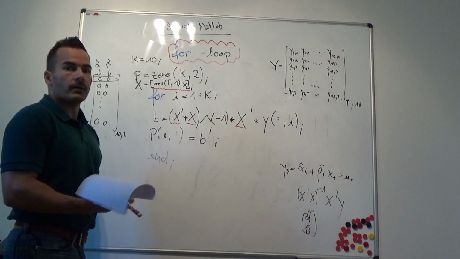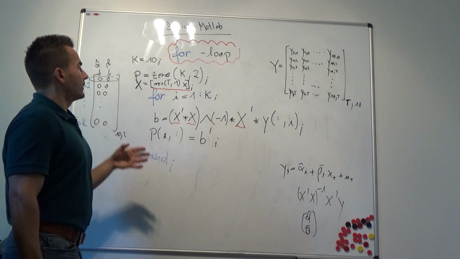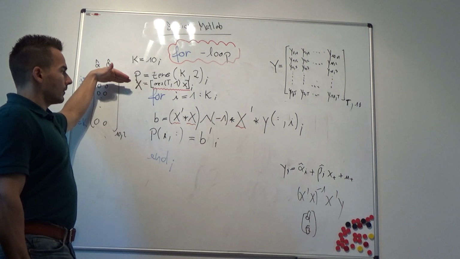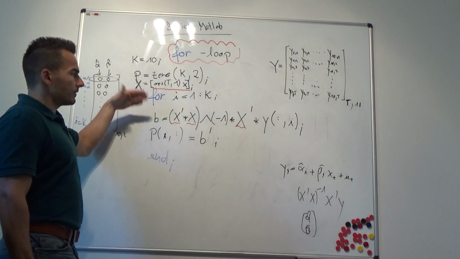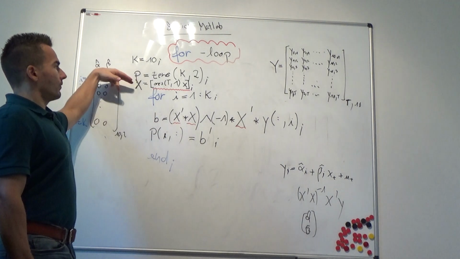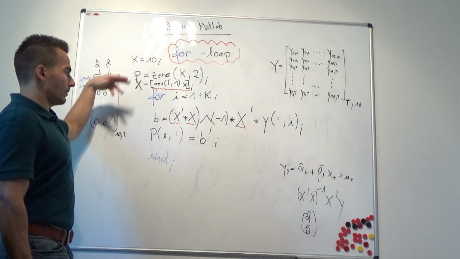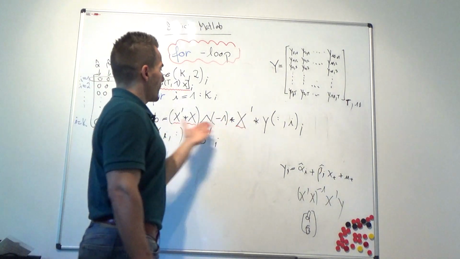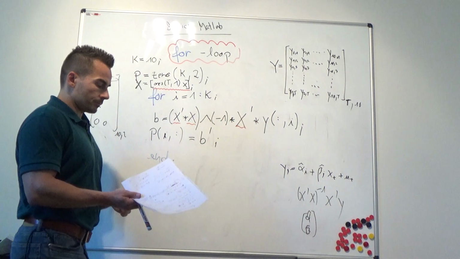But it's obviously easier to define things before the for loop, at least those things that do not change in the for loop, you can always put outside the for loop and define them. Because then it's easier to keep track of what you do.